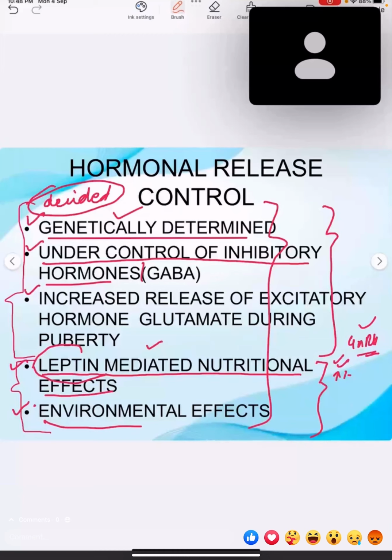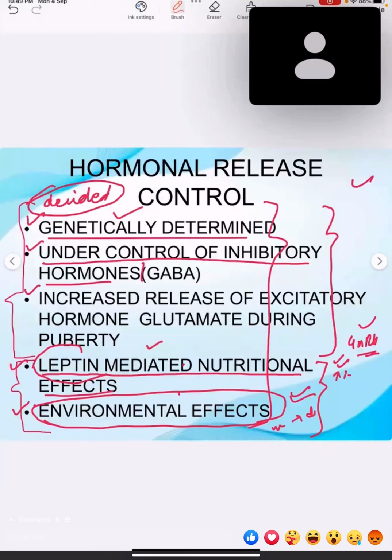So these two things are under my control. I can eat normally. I can have a good environment around me to keep my mental health, and definitely our sexual health, good. That is very important in the normal phase. So this is the slide which tells why puberty is going to happen at a fixed time.